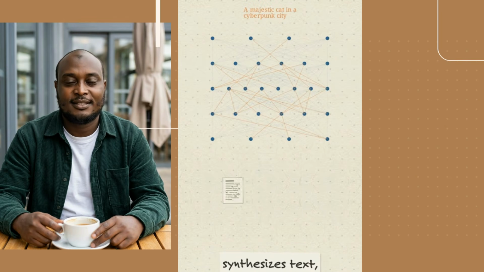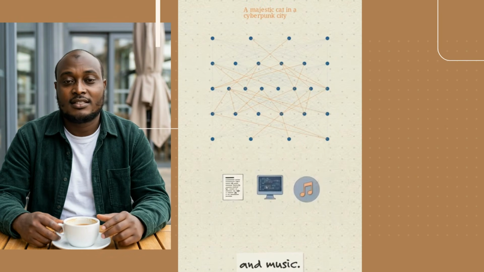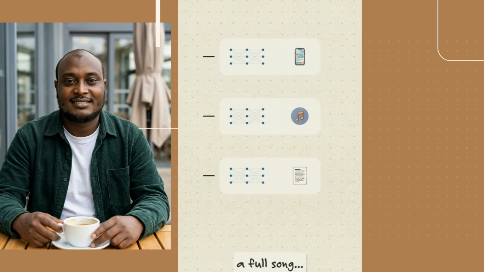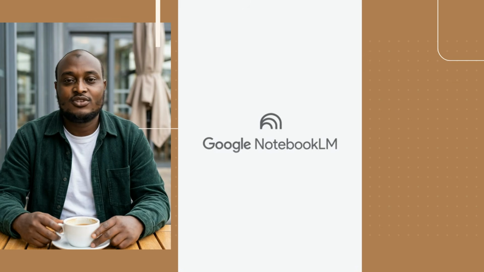Instead of making a decision, it constructs an entirely new original image from scratch. And this architecture scales. The exact same deep learning structure synthesizes text, software code, and music. So the next time you see an AI generate a working app or compose a full song, that's this exact deep learning process at work, reshaping entire industries from a single text prompt.